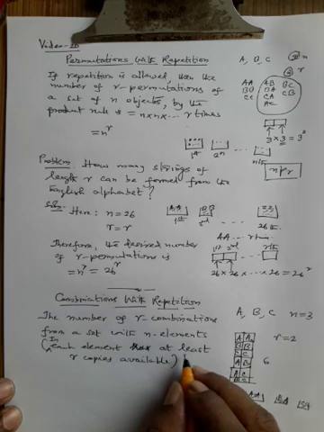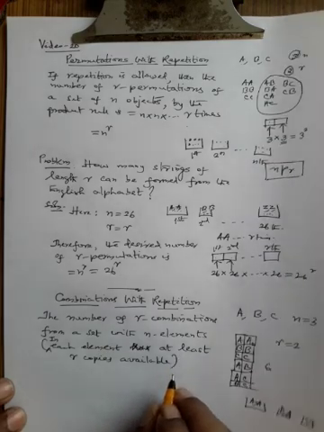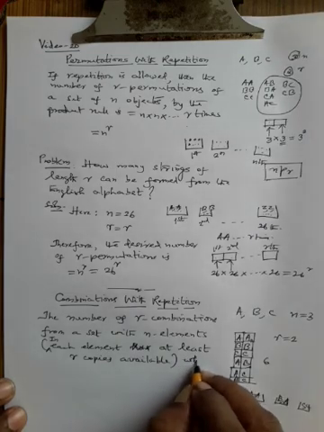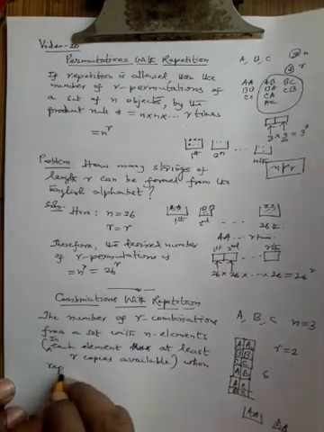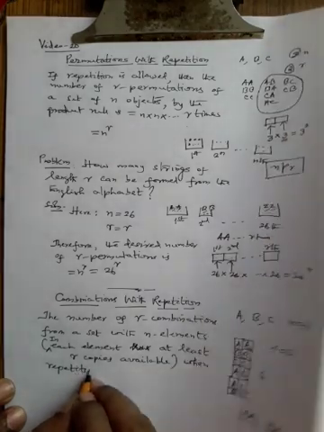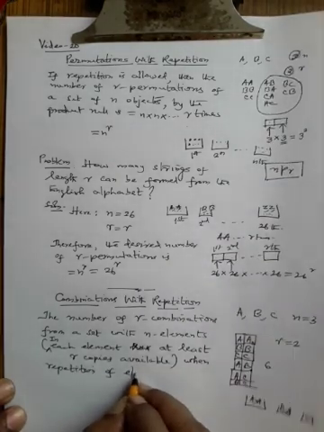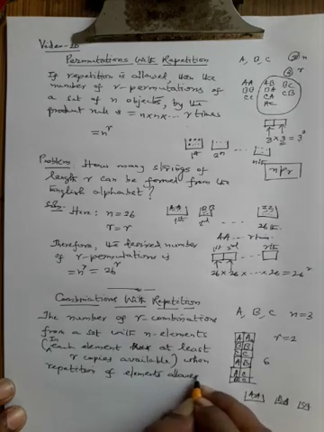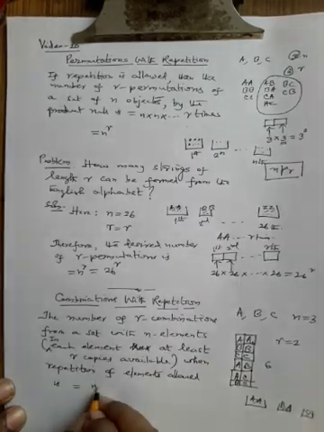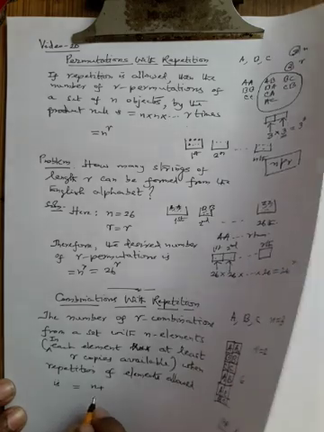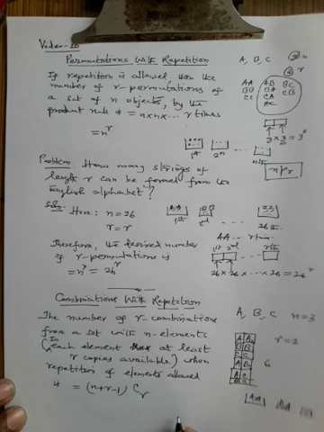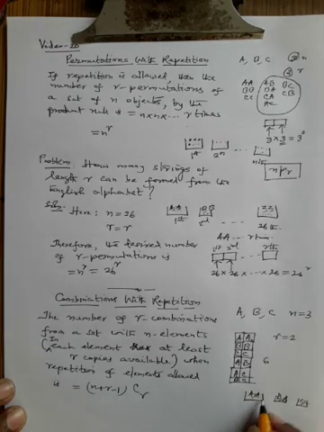The number of r combinations from a set with n elements, when repetition of elements is allowed, is equal to n plus r minus 1 C r. Here n is equal to 3, the number of elements.